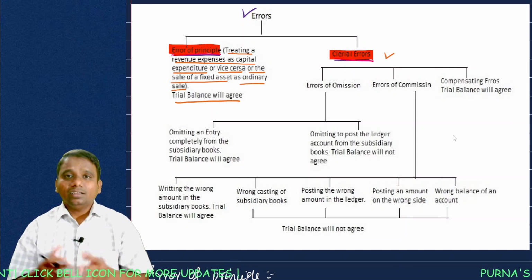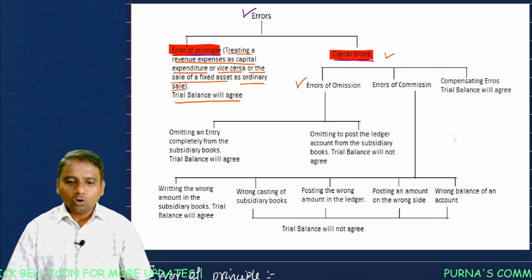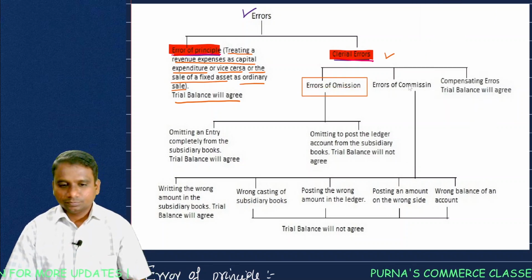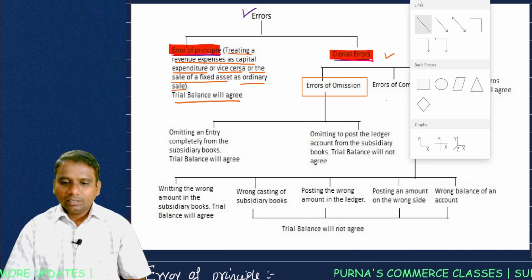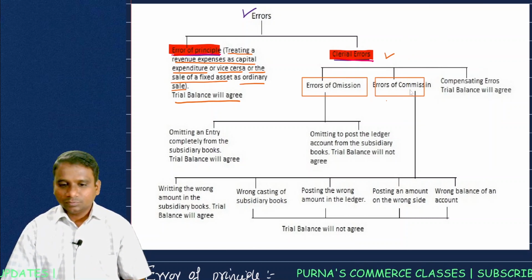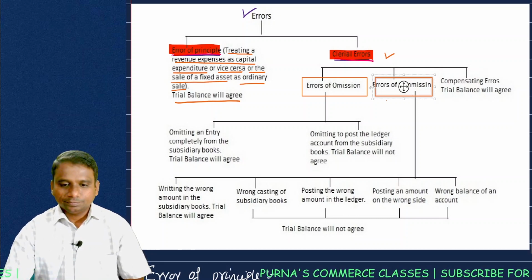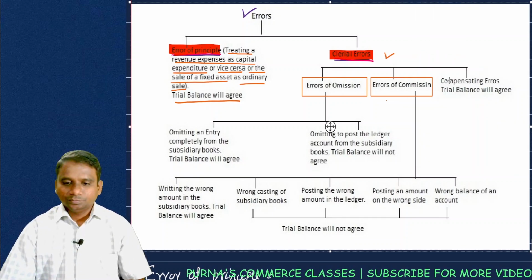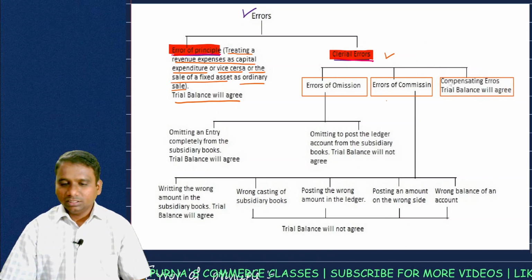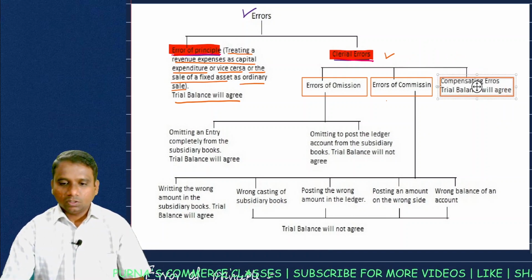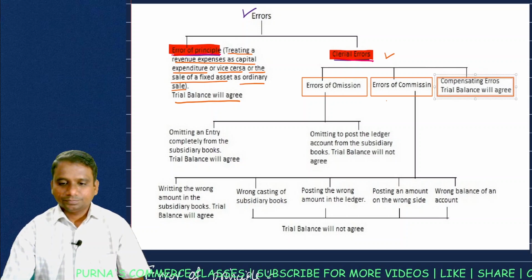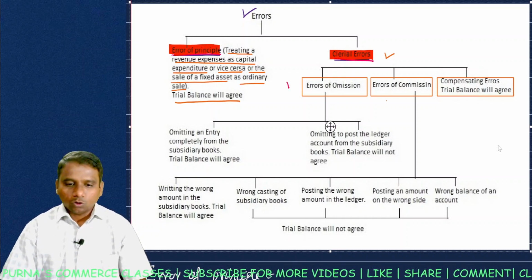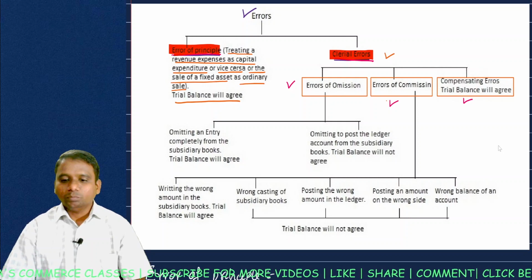Again, these clerical errors we divide into error of omission, error of commission, and compensating errors.